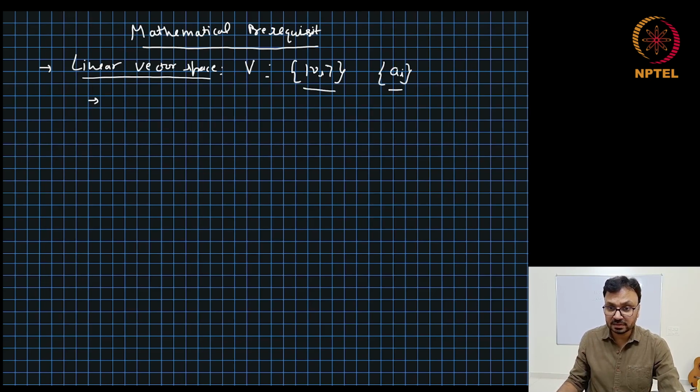These are vectors, these are scalars. So a set of vectors Vi over a field ai is called a linear vector space if it is closed under vector addition and scalar multiplication.